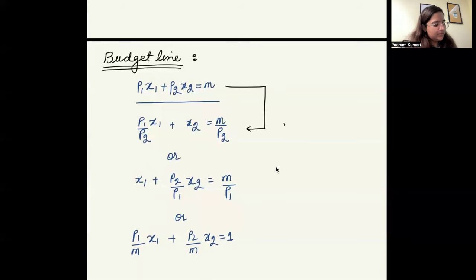If I want to move from here to here, what have I done? I divided by P2 on both sides. Divide by P2. To move from here to here, divide by P1.